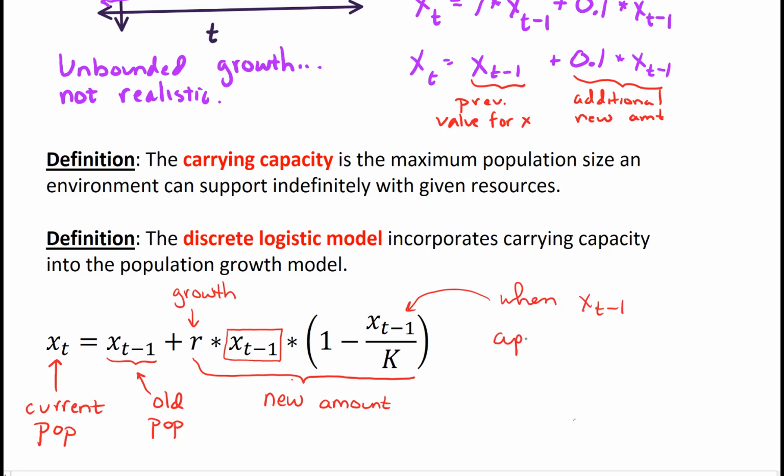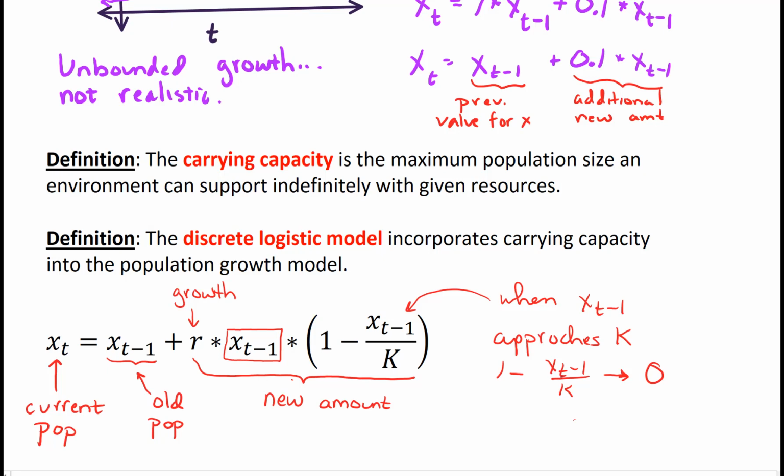Notice that when x sub t minus 1 approaches K, which is our carrying capacity, 1 minus x sub t minus 1 over K approaches 0. Right? When x sub t minus 1 approaches K, that last fraction is 1, so 1 minus 1 is getting close to 0.